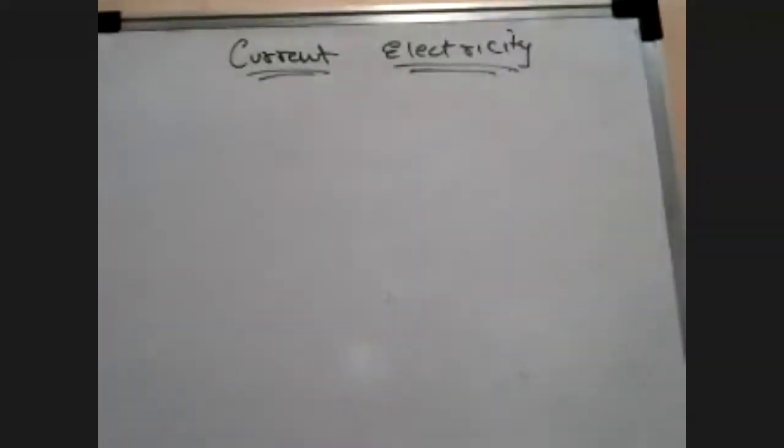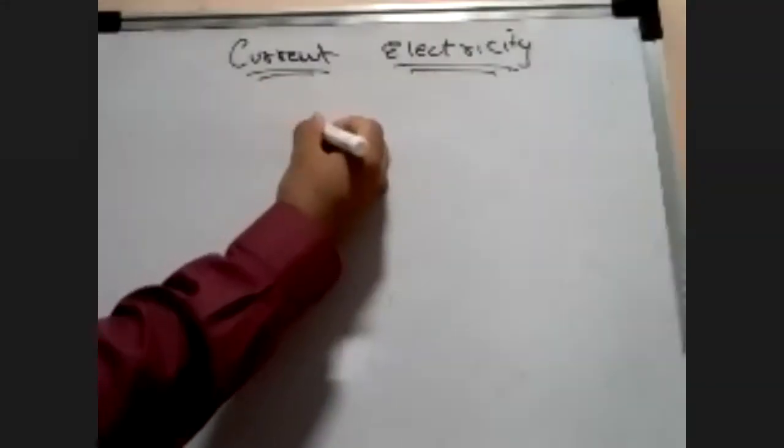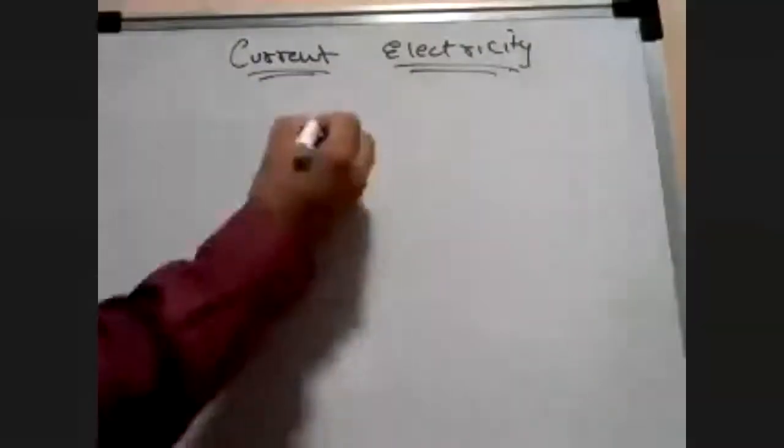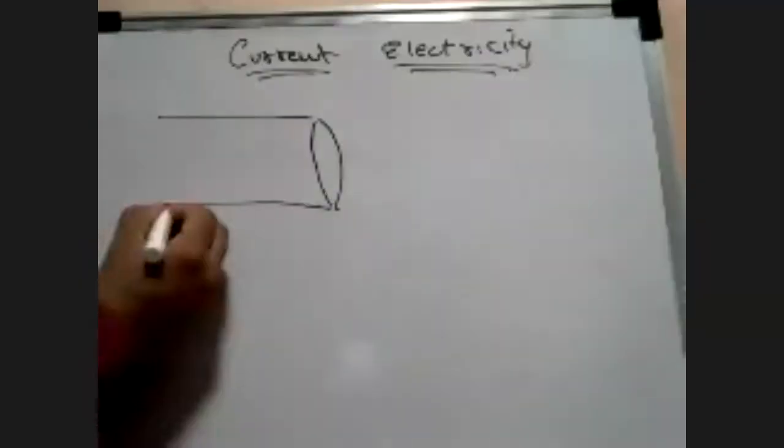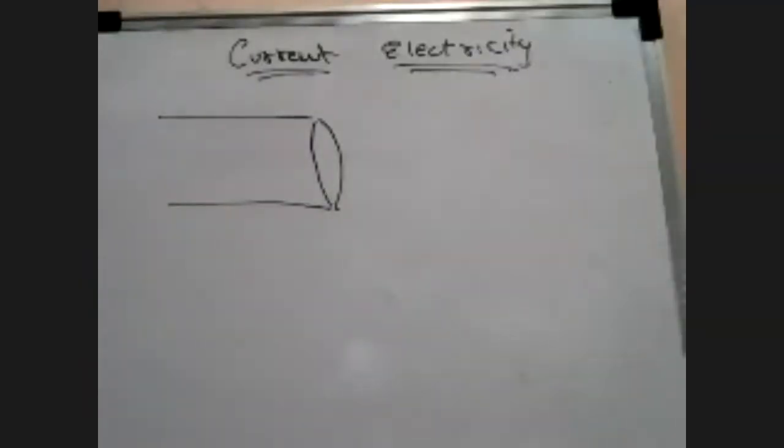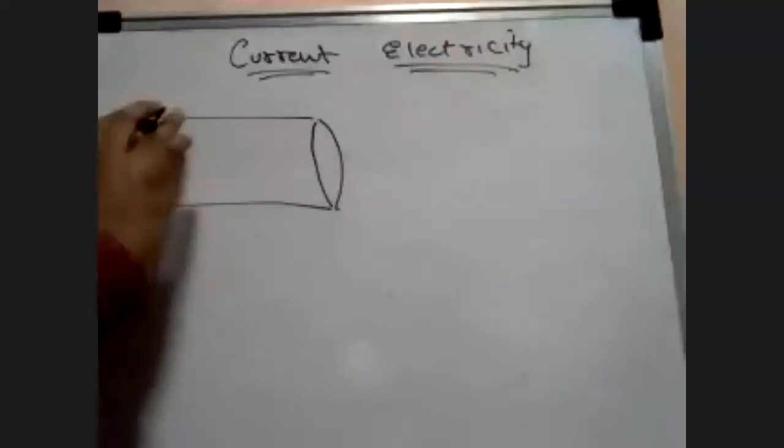Now let's come to some conceptual questions, I won't say numerical. I want you to determine the current. What will be the current through a cylinder? Let's consider this to be a wire.